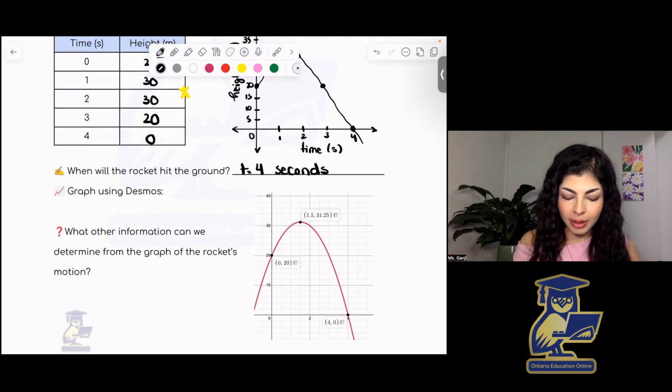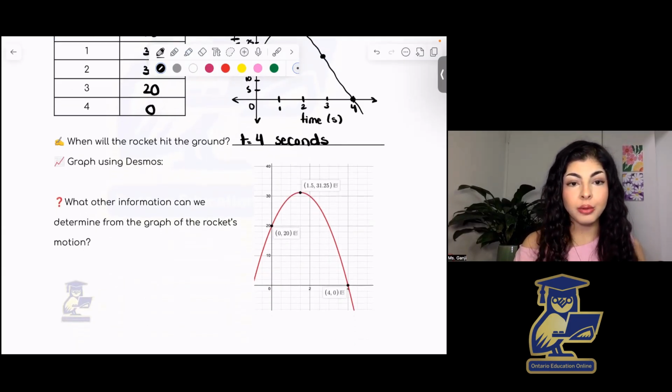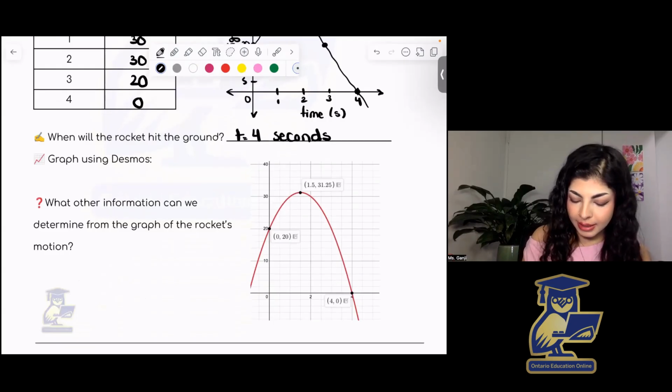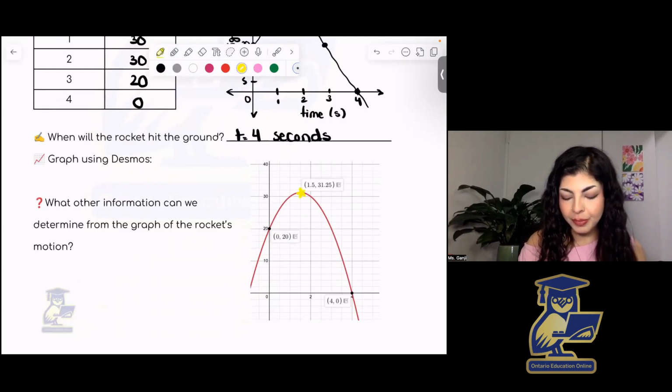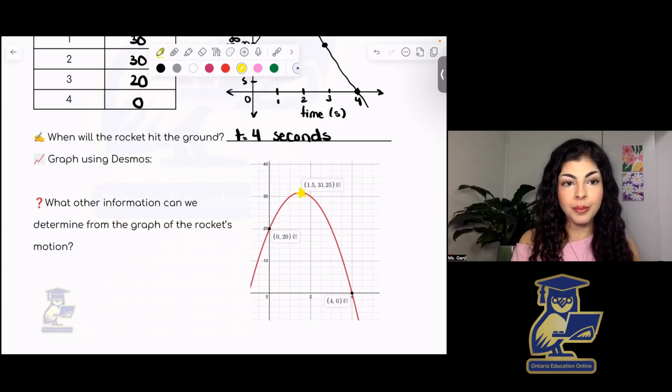And so over here on the bottom, I've included the graph using Desmos. So it's a more precise graph than mine. And that same star point is now here, where we see that at 1.5 seconds, we have reached our maximum height, and it's 31.25 meters.